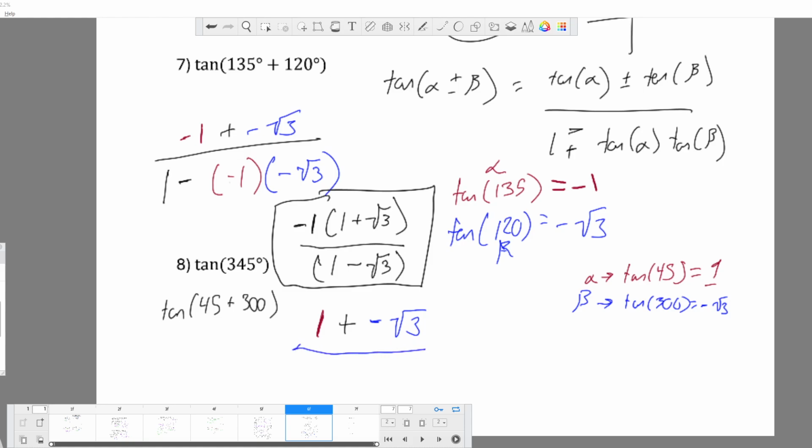Over 1 minus tangent of A times tangent of B. So that works out a little bit. Not a whole lot we can do to clean this up. 1 minus square root of 3 over 1 plus square root of 3.